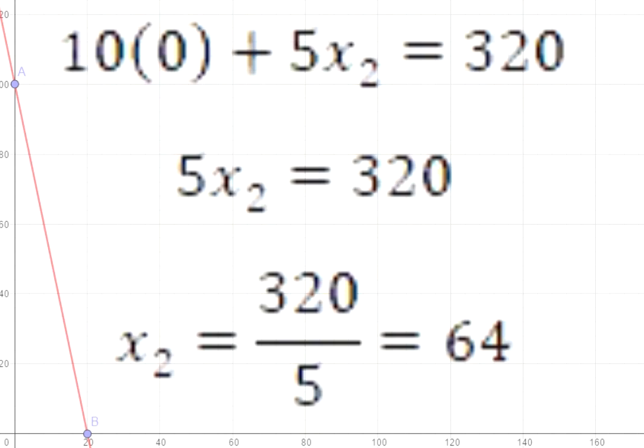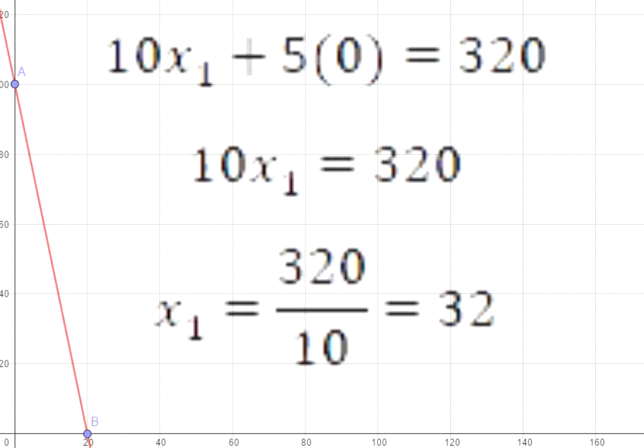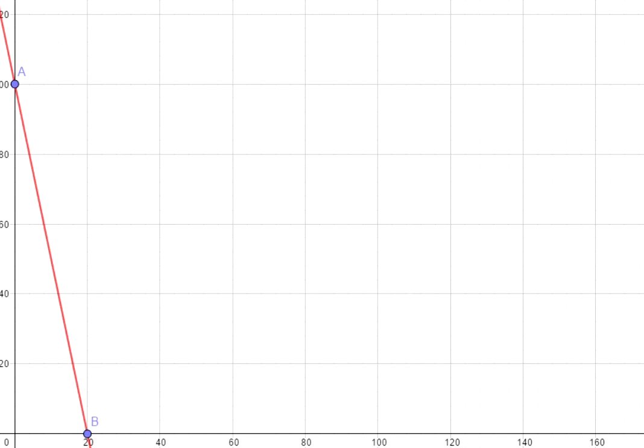Next, we will solve for x2 from the second constraint, setting x1 equal to 0. Now we will equate x2 to 0 to solve for x1. Once we clear x1 and x2 from R2, we will have the coordinates to graph the points (0, 64) and (32, 0).